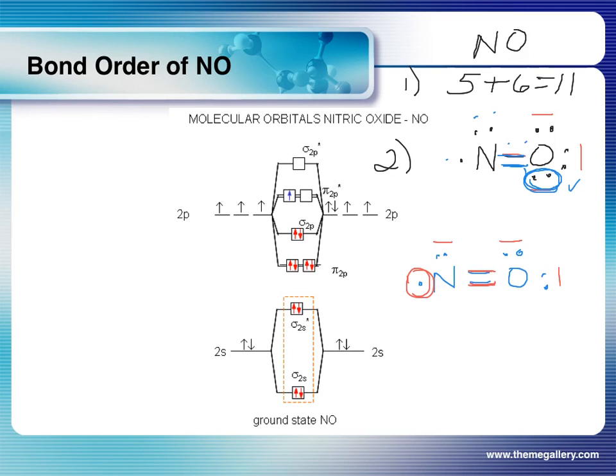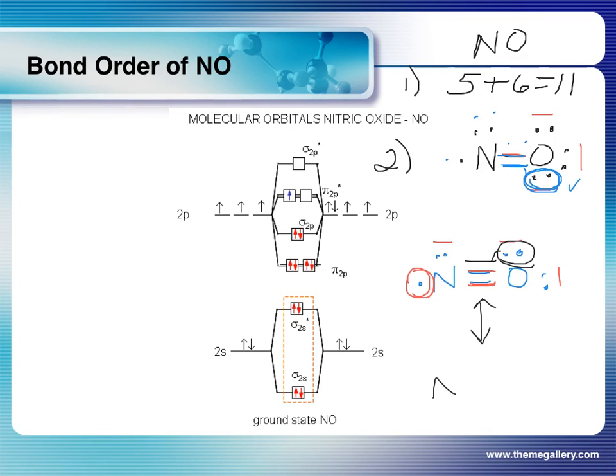But I want you to look at another resonance structure of this. Okay, I'm going to take another set of non-bonding electrons from the oxygen and use them to make a triple bond between the two, just to see how that resonance structure stacks up to this one.